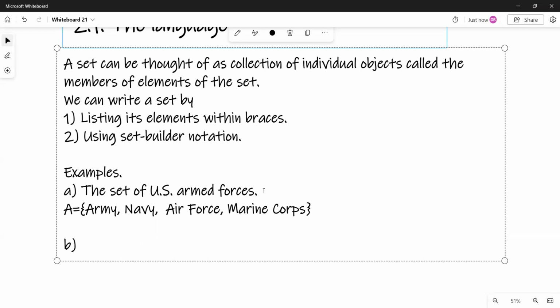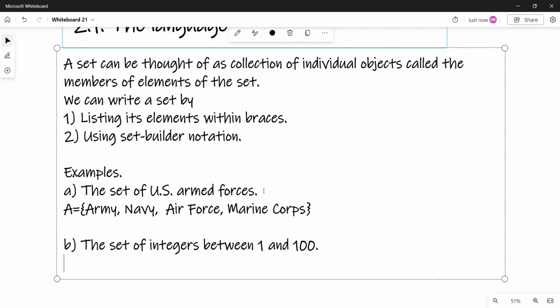Another example is the set of integers between 1 and 100. So if we include the first and last value, the elements are going to be, well, this is going to be very long to write one by one.